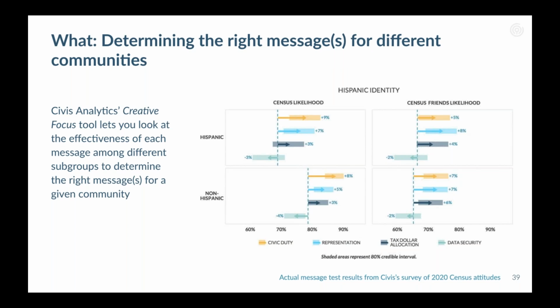The message that motivates one group might not motivate another, or might not motivate the other groups with the same strength. So we really want to understand what these differences are and what the right message is for the community that we're interested in. Remember that some messages motivate and some messages can have a significant backlash.